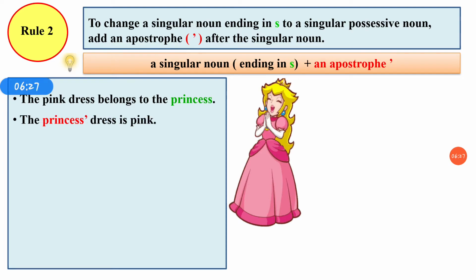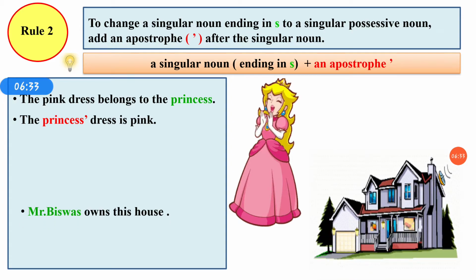Hence we can write it as the princess' dress is pink. Another one is Mr. Biswas owns this house. Here again we just add apostrophe after the singular noun Biswas. To show the possession of this house, we can write it as Mr. Biswas' house.